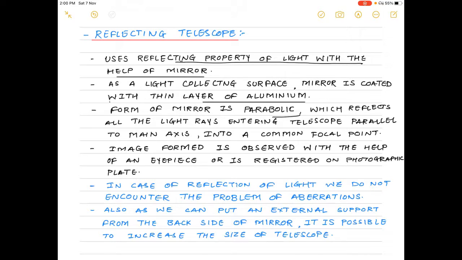One limitation we have noted here is that in case of reflection of light we do not encounter the problem of aberration. Now what aberration is, we'll see shortly. And we can also put an external support at the back side of the mirror, so it is possible to increase the size of the telescope. Why is it important to increase the size of the telescope?